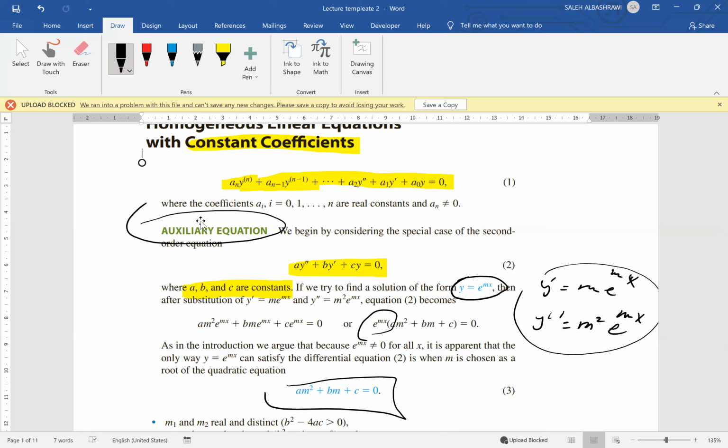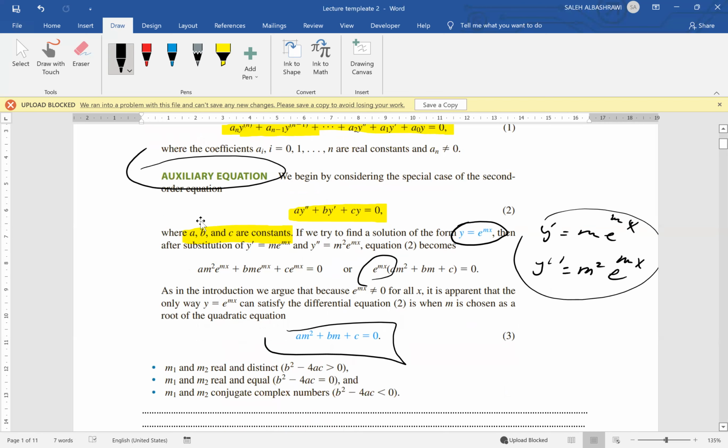And for the second degree equation, or quadratic equation, we have three cases, depending on the discriminant of the quadratic equation. The discriminant is b squared minus 4ac.